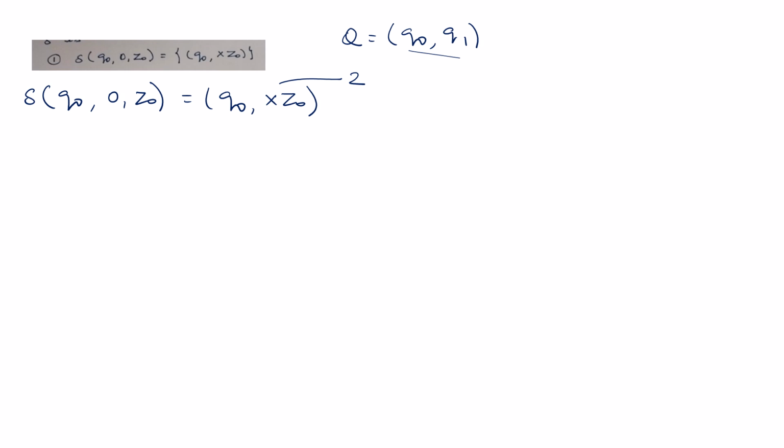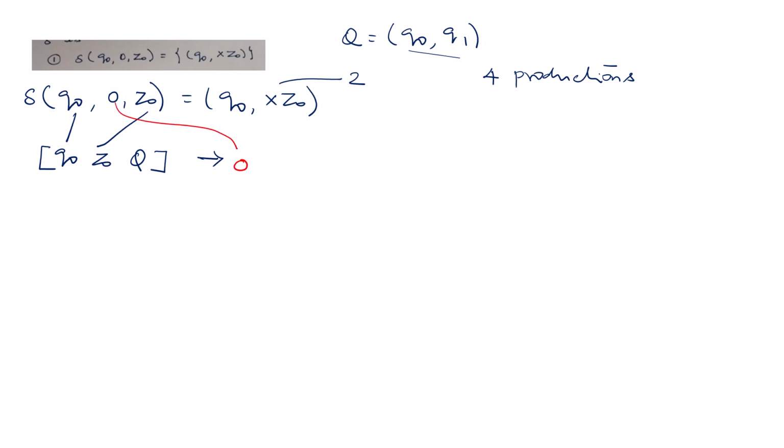So totally we are going to get 4 productions for this grammar. On the left-hand side of the production, we have Q0 and Z0, and we want to put all the possible states Q here.